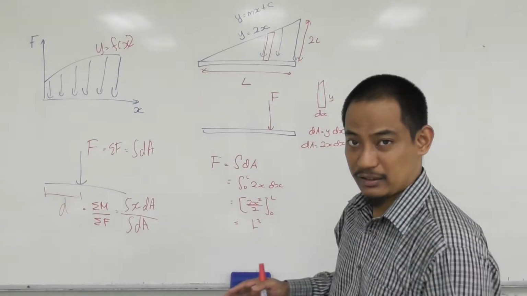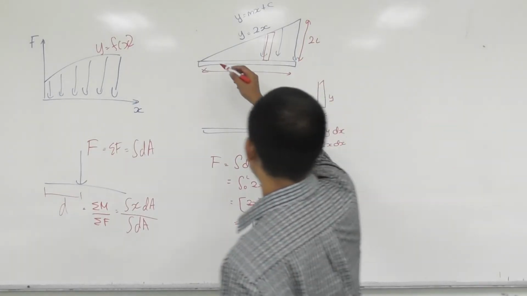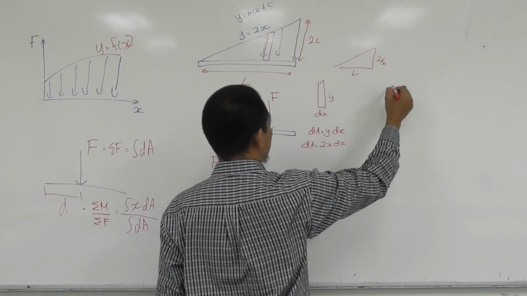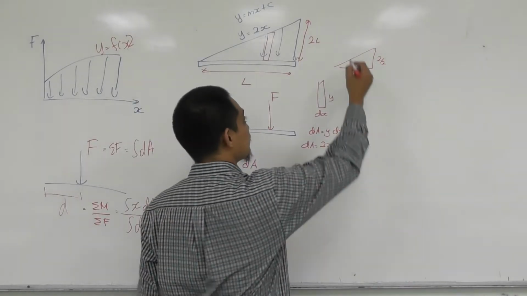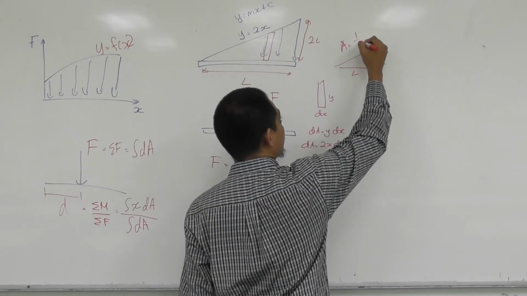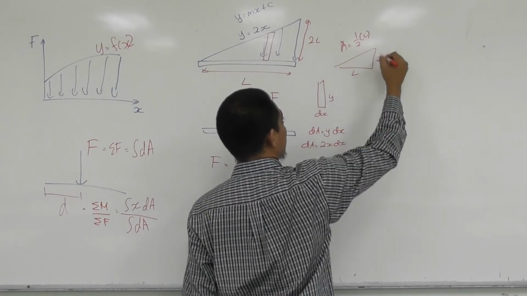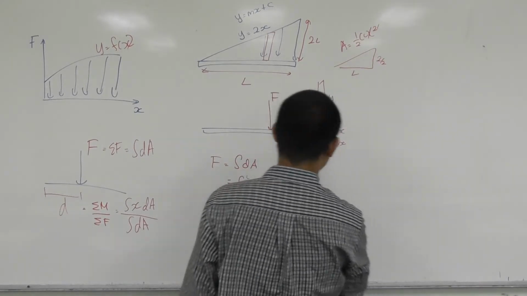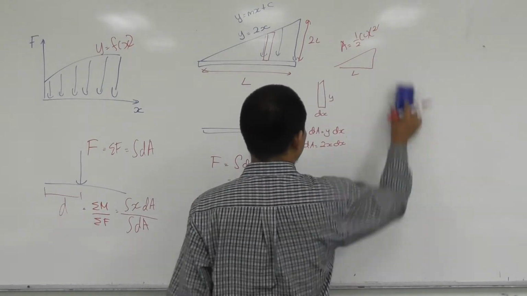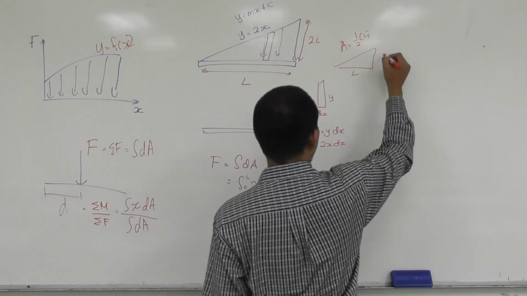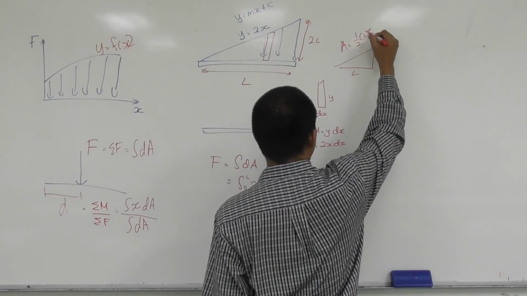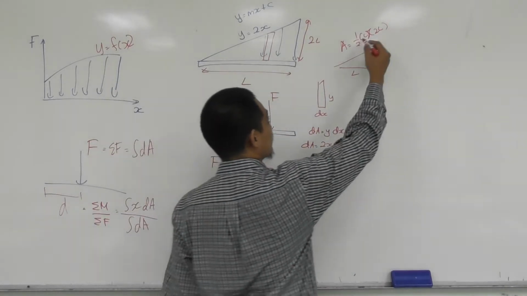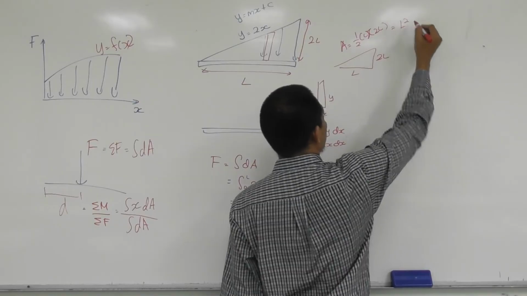We understand that we are calculating the area under the graph, and for a triangle where this is L and this is 2L, the area will be half times this L times this 2L. Sorry, this one will be 2L, so times 2L, and if you multiply that, you get L squared.